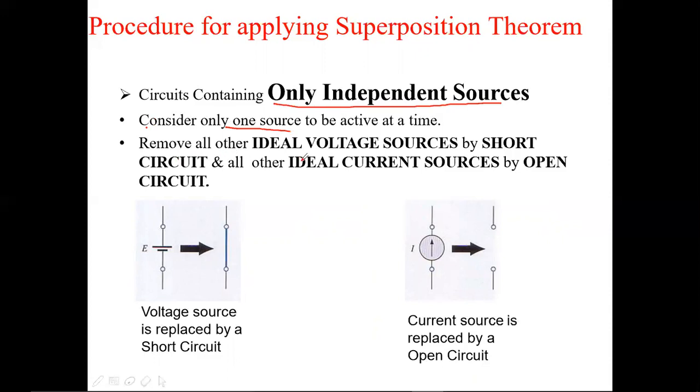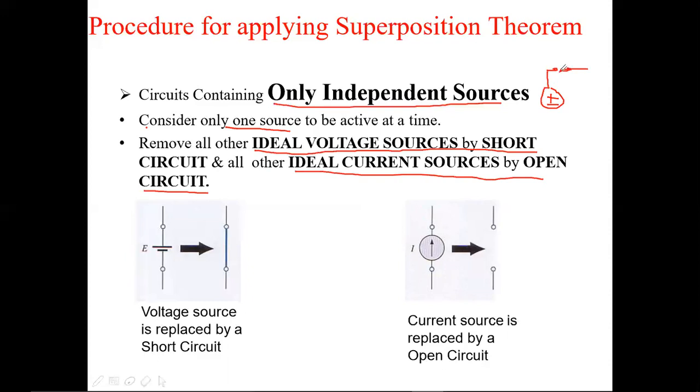Remove all other ideal voltage sources by short circuiting. This is very important. Ideal voltage sources by short circuiting, and all other ideal current sources by open circuiting. Right, this is the ideal voltage source, plus and minus, replaced by a short circuit.